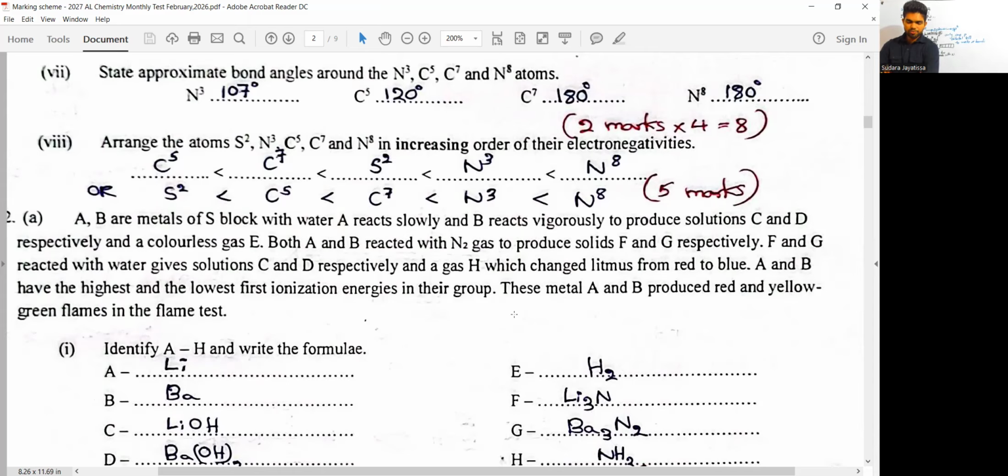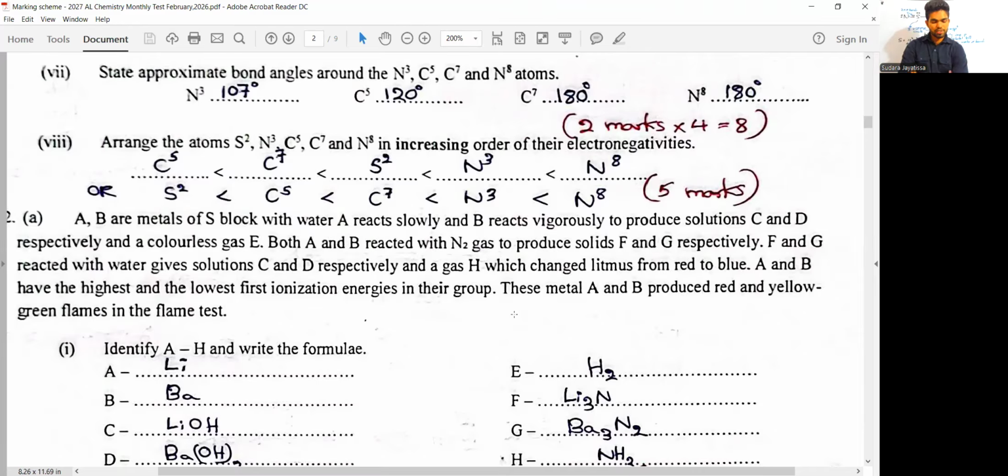And the next thing is also important, red and yellow-green flame. So yellow-green flame is typical for barium. So that means B is barium. So it is the lowest one with first ionization energy. Then the other one should have the highest ionization energy, according to the earlier statement.